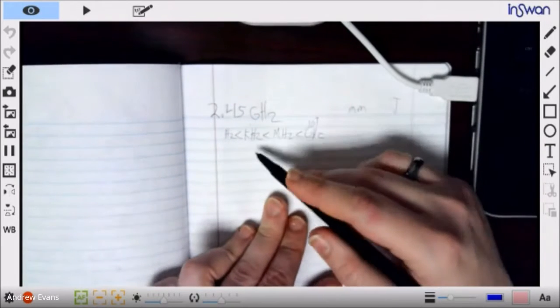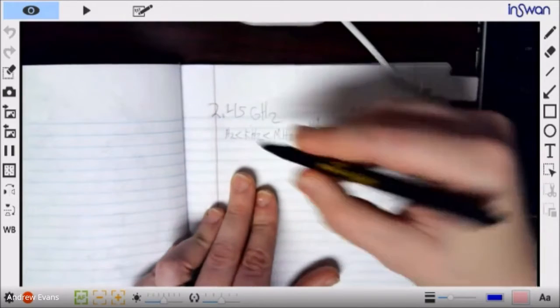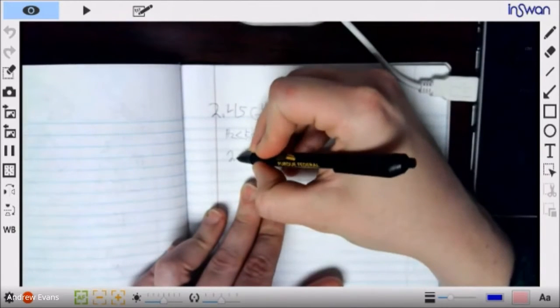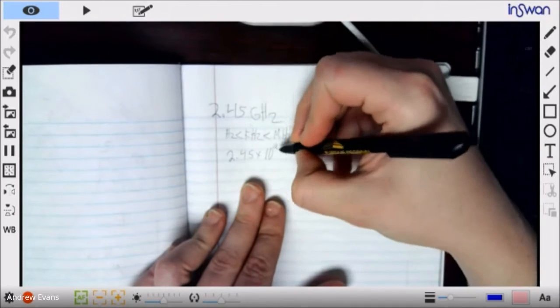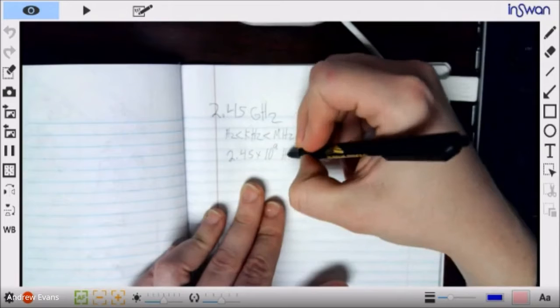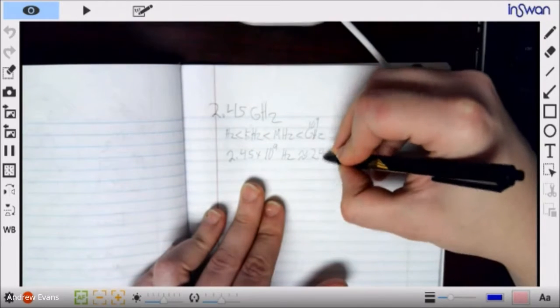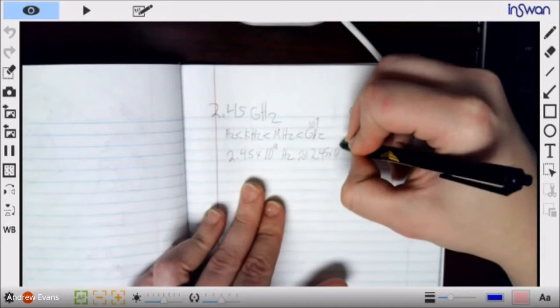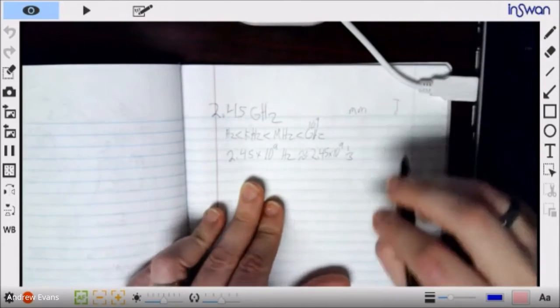Kilo, mega, giga. So this is the same as 2.45 times 10 to the ninth hertz, which is equal to 2.45 times 10 to the ninth inverse seconds, because 1 hertz is equal to 1 inverse second.